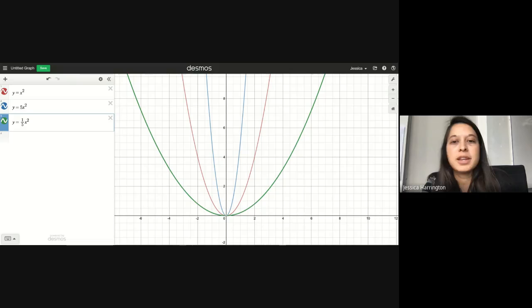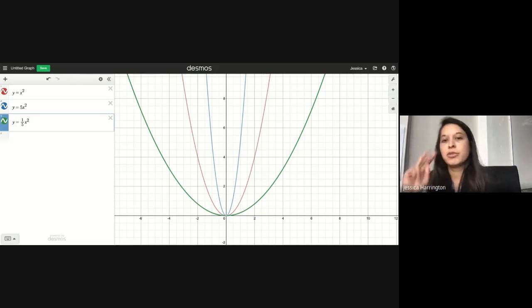Okay, so you see that it's being multiplied by some number, so I know it's a vertical stretch or compression. And then you come down here and you go, okay, if the number is greater than 1, it's a vertical stretch. And if that number you're multiplying is between 0 and 1, right, it's a fraction, then it's a vertical compression. Those are the things you want to write down.